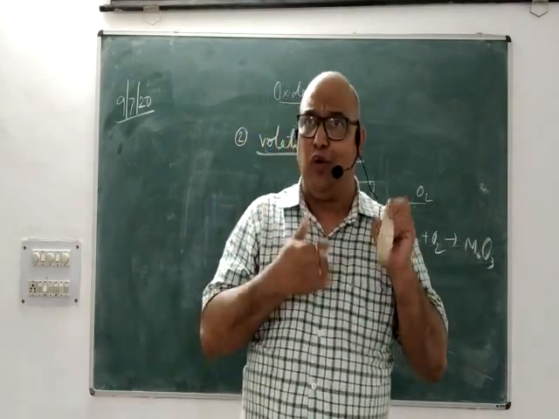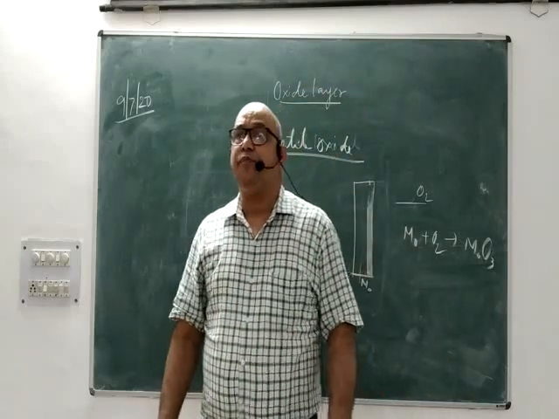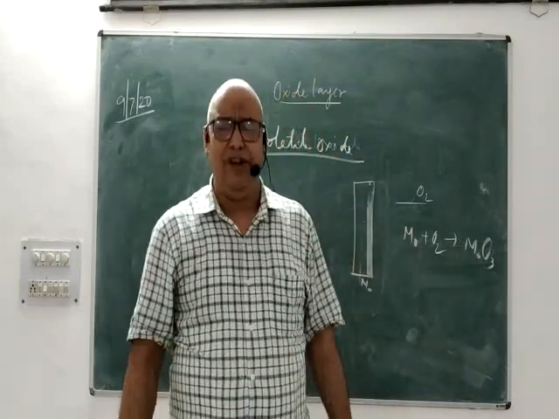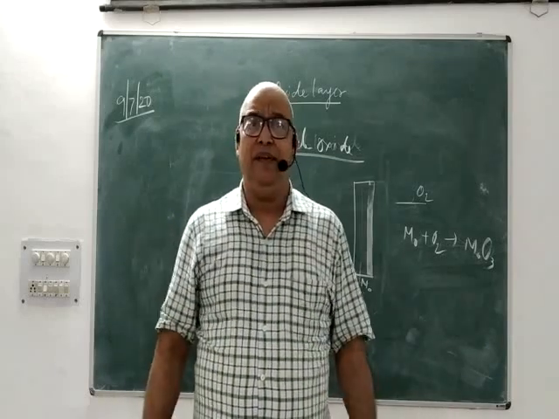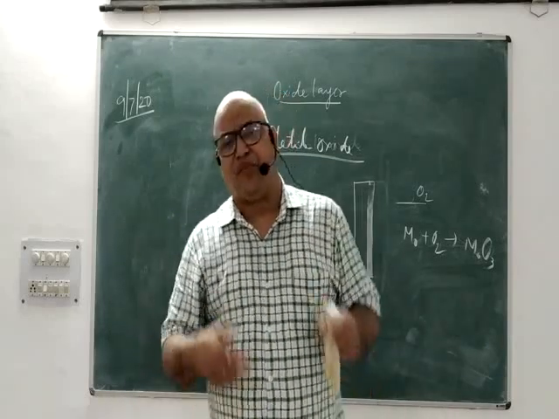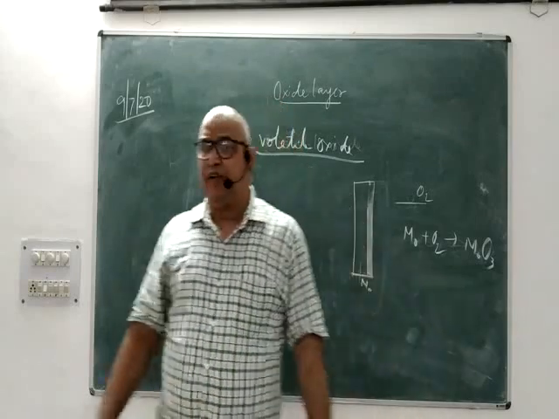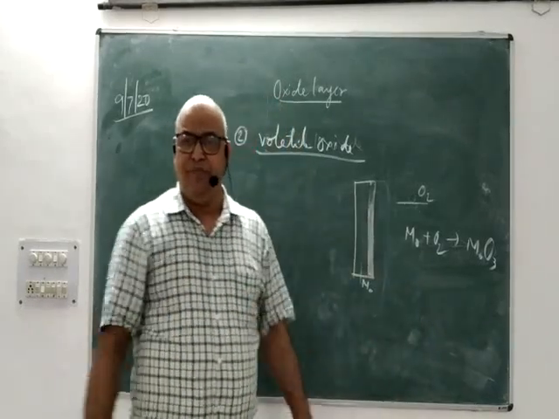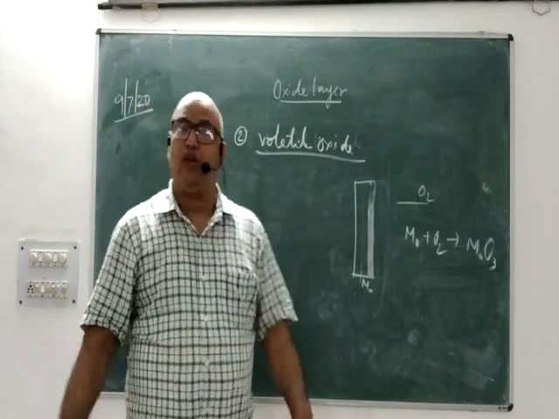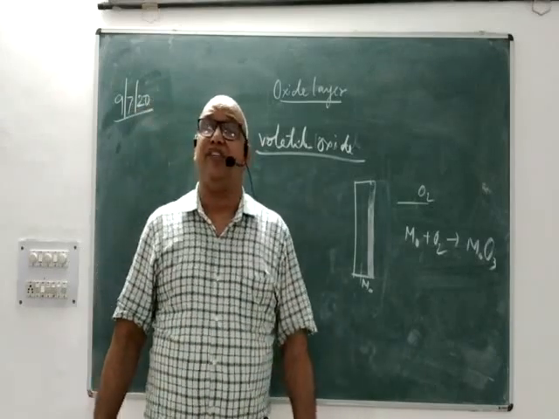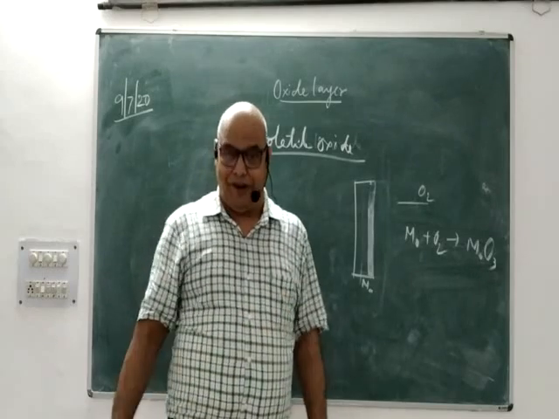Therefore, we can conclude that if the oxide layer is volatile in nature, it will go off after it is formed, exposing the metallic structure for further attack, and this process of formation and going off will continue till the entire metallic structure is destroyed.